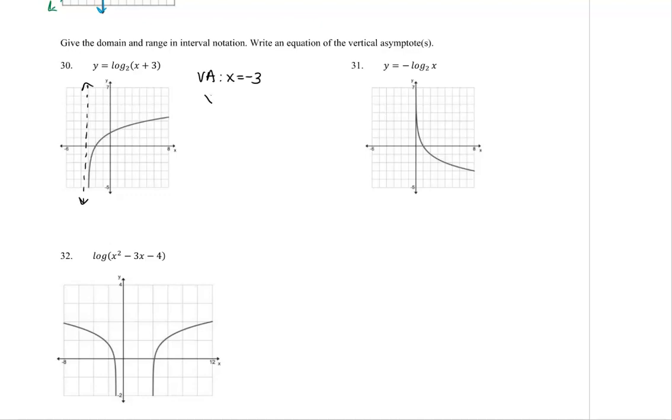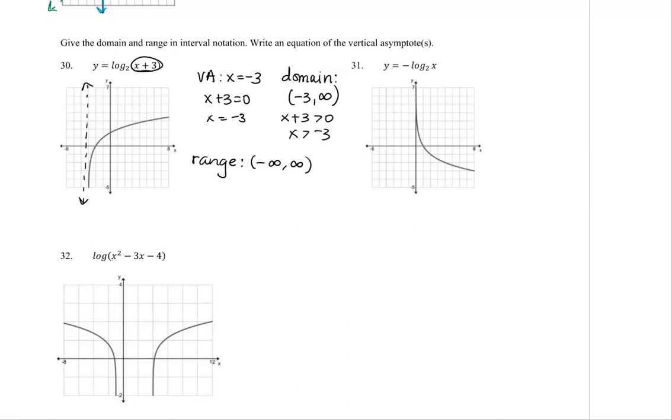We can find the VA by setting the inside of the logarithm equal to 0. The domain of this function is all real numbers that are greater than -3. We can see that by making sure that the inside of the logarithm is positive, greater than 0. And the range of this and any other logarithmic function is all real numbers.